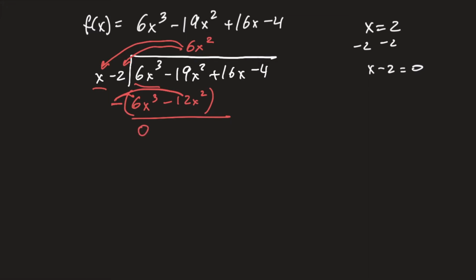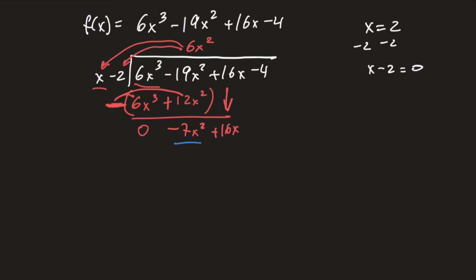And now this negative will turn into a positive because of this negative in front. So negative 19x squared plus 12x squared is negative 7x squared. Now I'm going to bring down the 16x, so plus 16x, and repeat this process all over again.